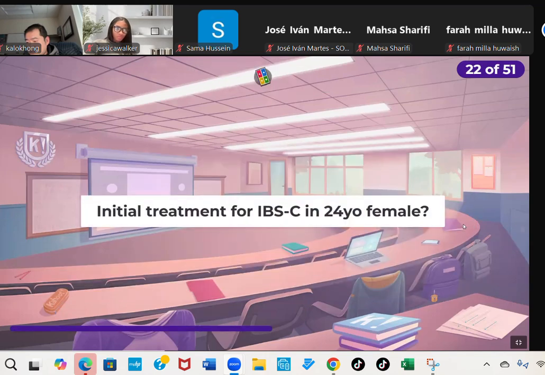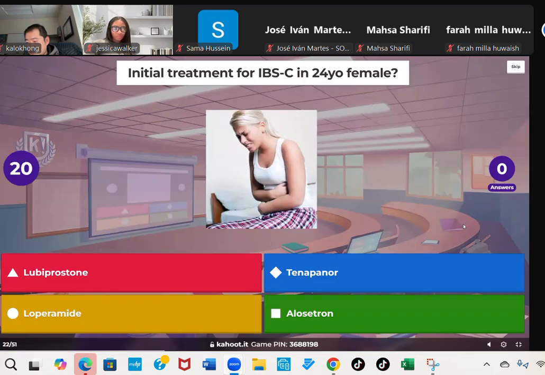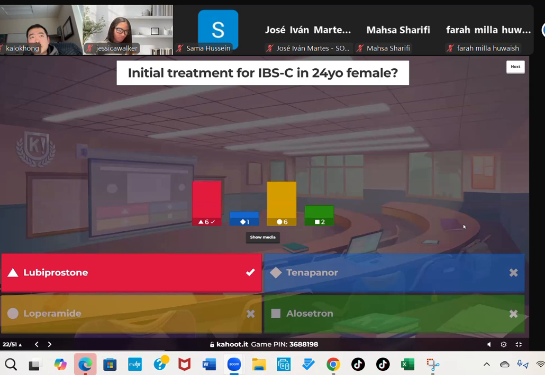Okay, initial treatment for IBS-C in a 24-year-old female: lubiprostone, loperamide, eluxadoline. Right, lubiprostone is the correct choice. It is for IBS-C.